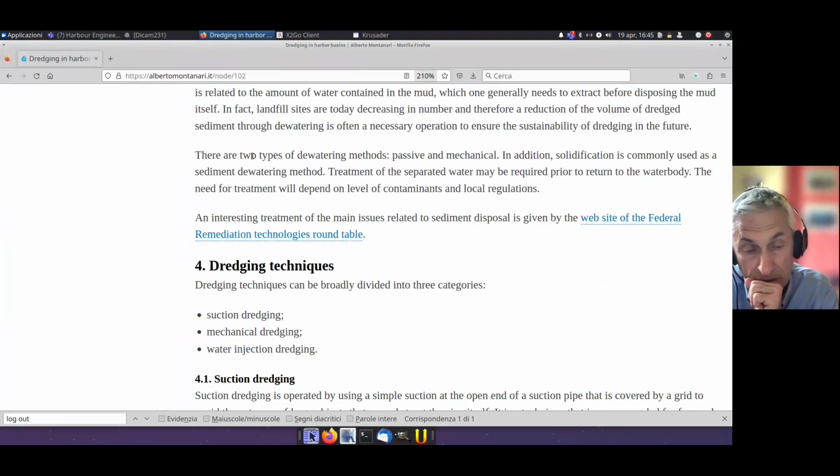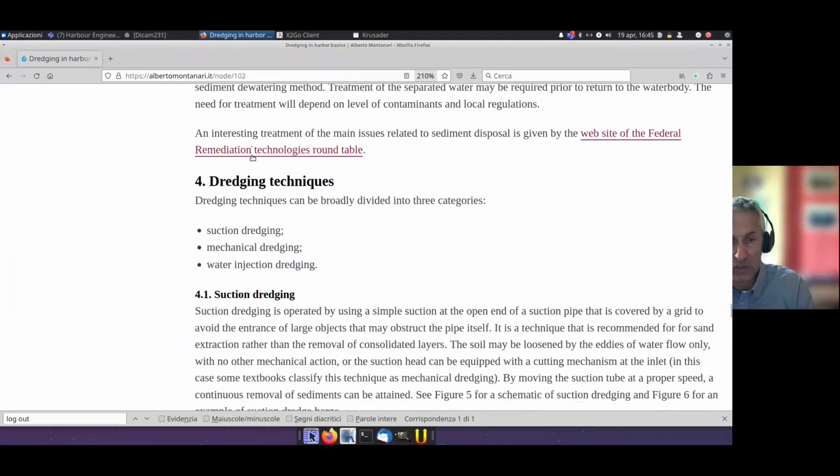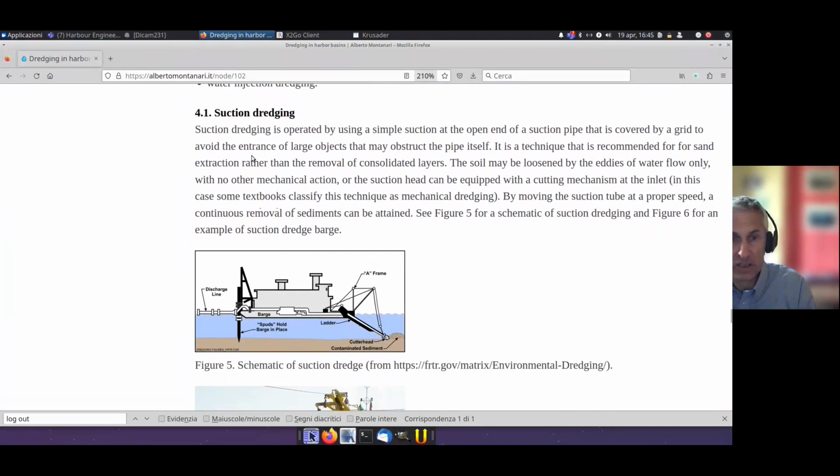Now, dredging techniques. The three main techniques that are used are included in the following three categories: suction dredging, mechanical dredging, and water injection dredging. I already discussed a little bit the suction dredging. It is operated by using a simple suction at the open end of a suction pipe that is covered by a grid to avoid the entrance of large objects.